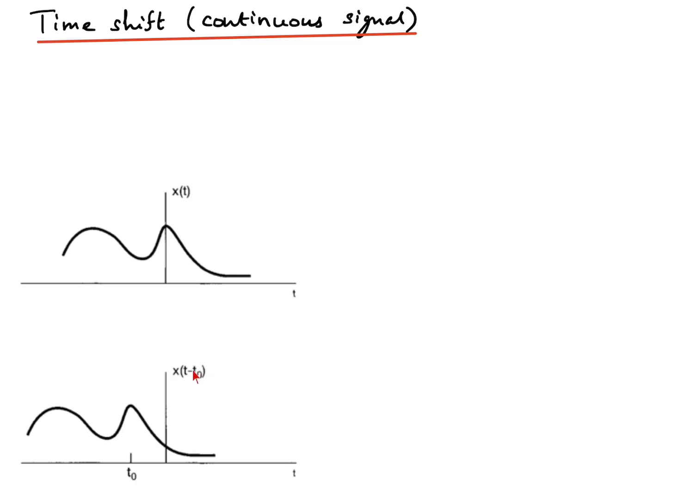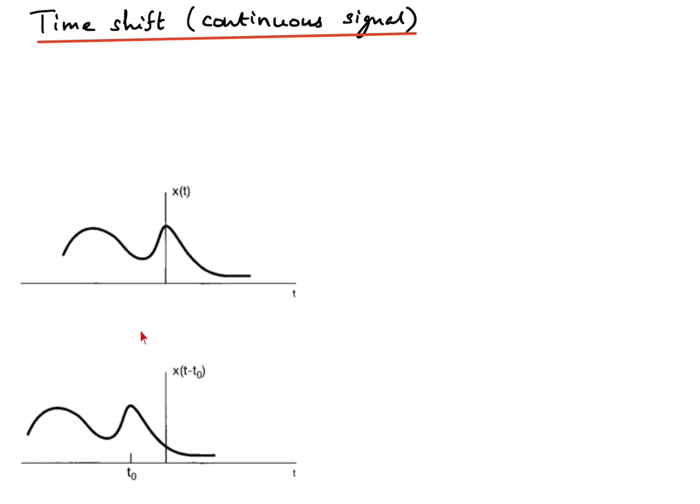So this corresponds to t naught being less than 0, because the waveform has been shifted to the left. So when the waveform is shifted to the left, that means it is t plus t naught, right? Now this is t minus t naught for t naught less than 0, that is, t naught is negative. So when t naught is negative, t minus t naught becomes t plus t naught.